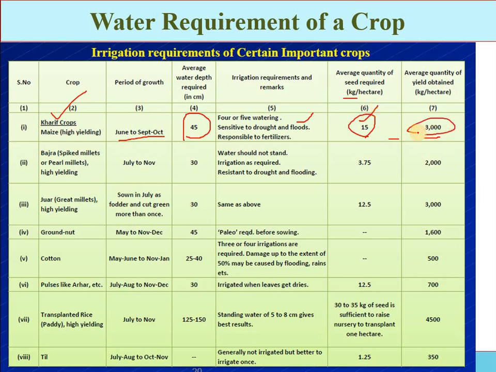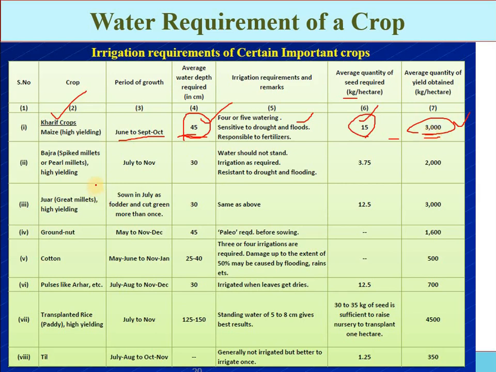But note one thing: this proper amount of water, meaning the total water utilized in one season, 45 centimeters, is also called the delta. If this right amount of water is supplied to the crop at the right time, then there will be the optimum yield, meaning 3000 kilograms will be obtained from 1 hectare, which is the average quantity, and we can say the yield will be satisfactory.